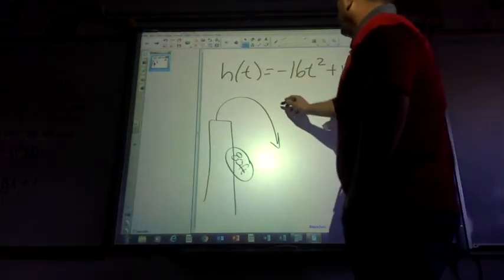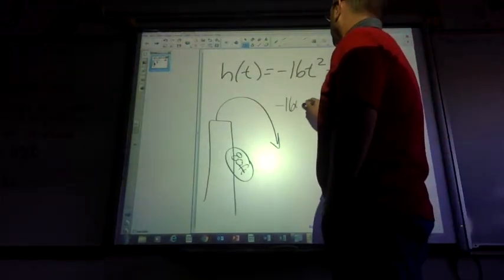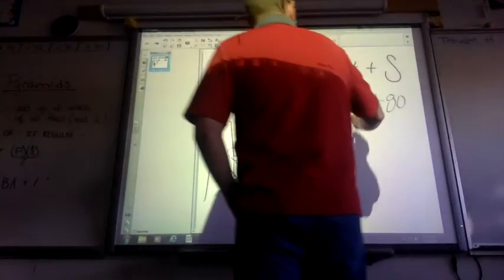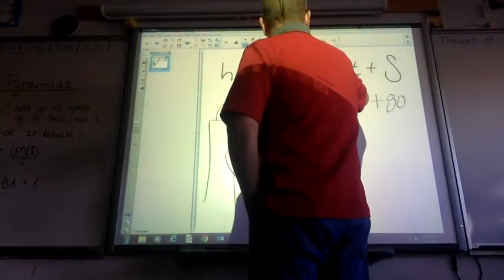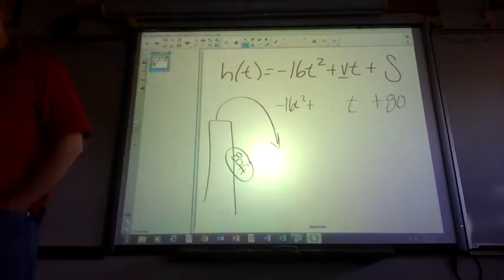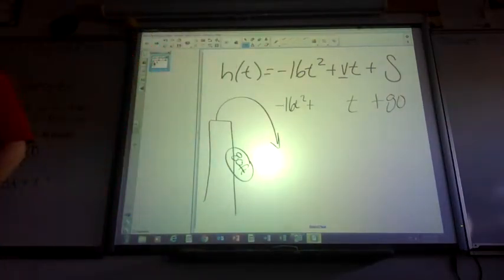Yeah. Okay, the negative 16t squared is going to stay as is for right now, plus we're going to have a t value, and we're going to plug in for v. So let's read a little bit more. It says, a rocket launched from an 80-foot tower, got that, with an initial upward velocity of 212 feet per second. Okay?